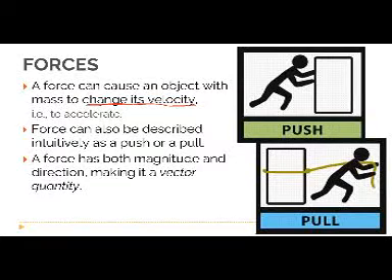Either we push it to the left, to the right, downward, or upward. So there is a direction in our movement. So that's why force is an example of a vector quantity.